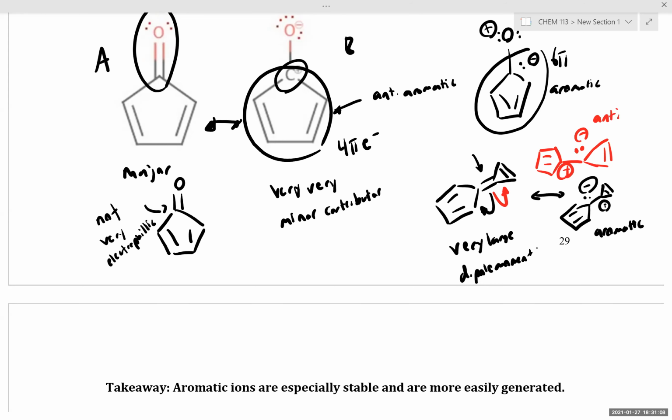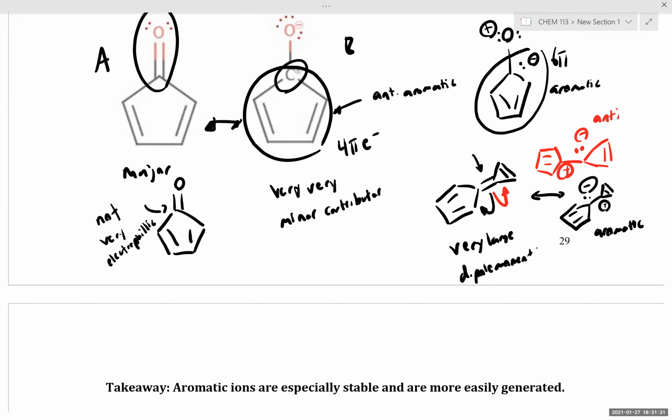This resonance structure, which has 2 aromatic rings associated with it, is very highly contributing. And as a result, our actual molecule exhibits a structure closest to that of this resonance structure. Does that make sense? Yes. Thank you so much.